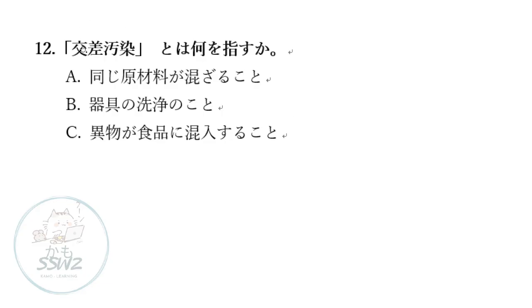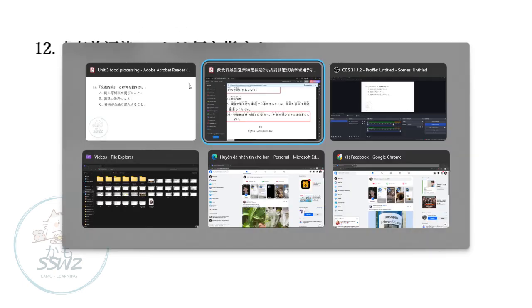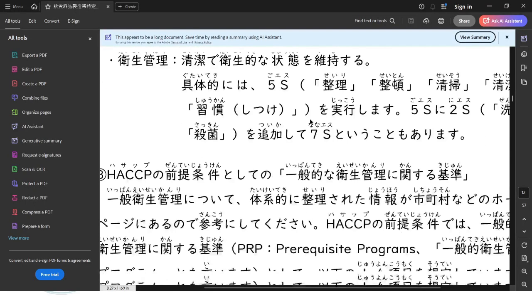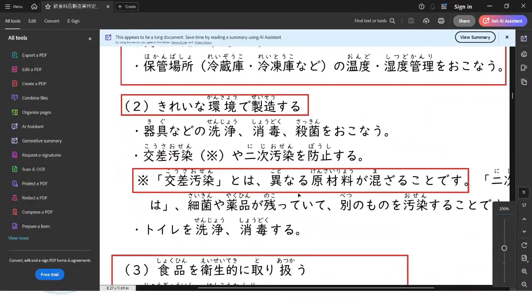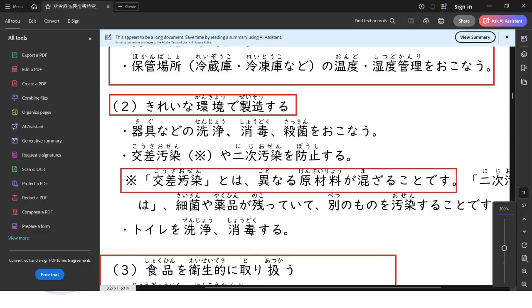What is cross contamination? So, in the book here, you can see about cross contamination.